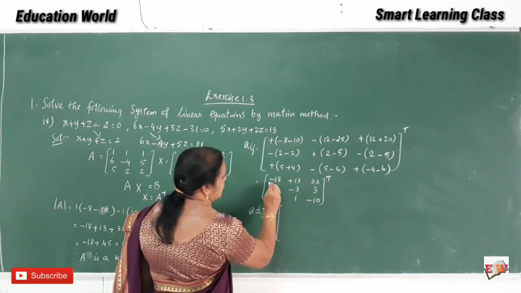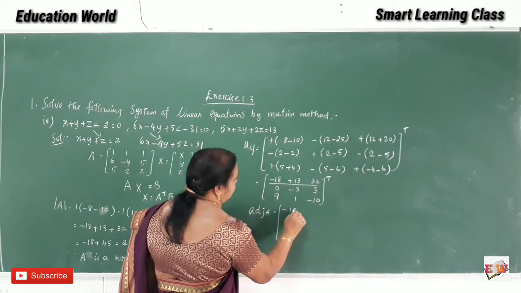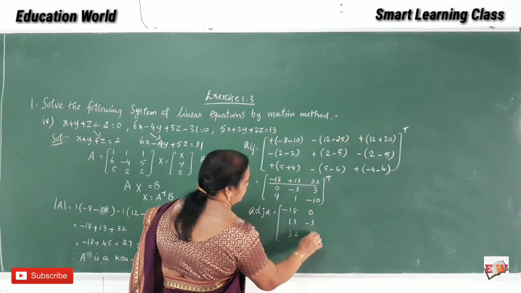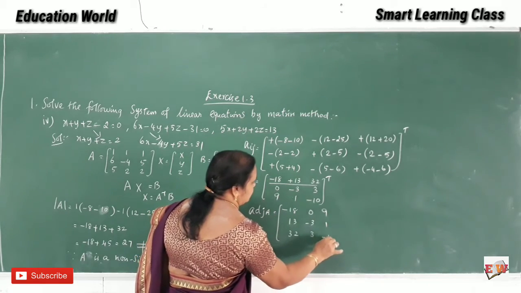I am going to interchange rows into columns: the second row, then this row.